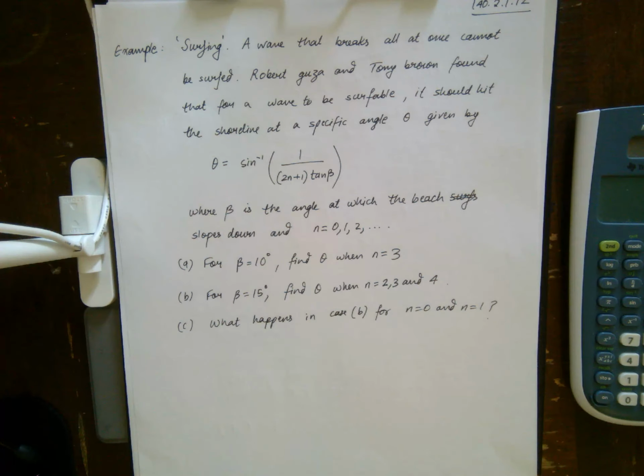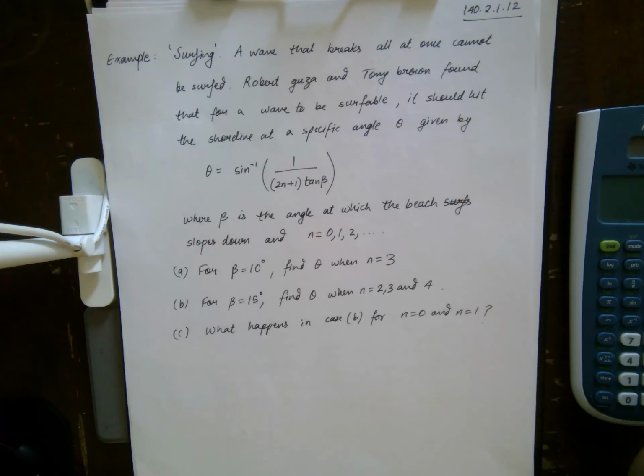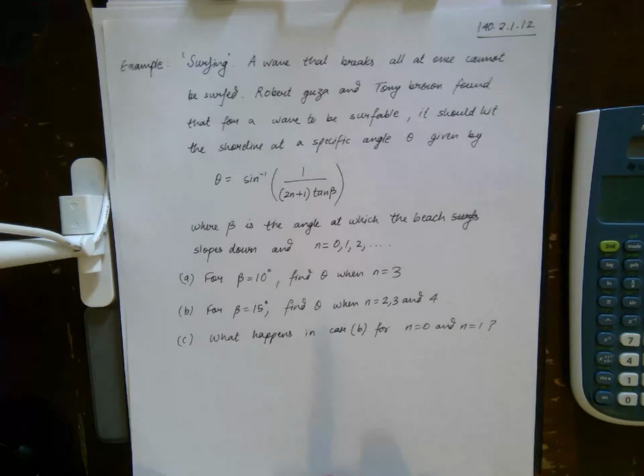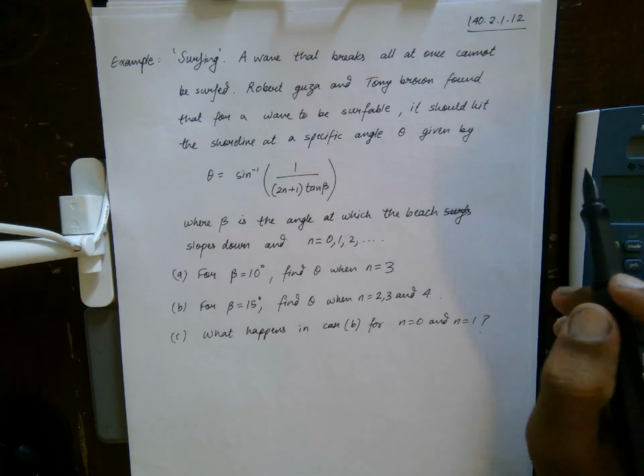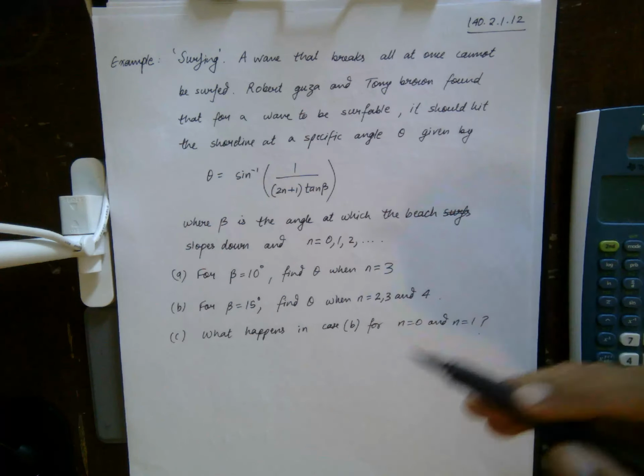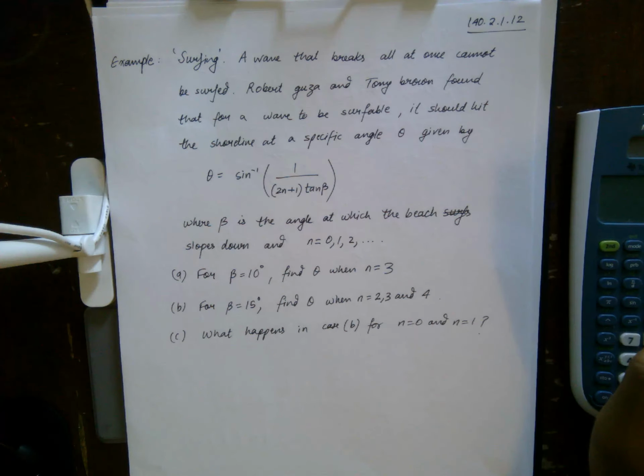Let's look at an application to surfing. A wave that breaks all at once cannot be surfed. You generally require it to travel before it breaks so that you can surf it while it's traveling.